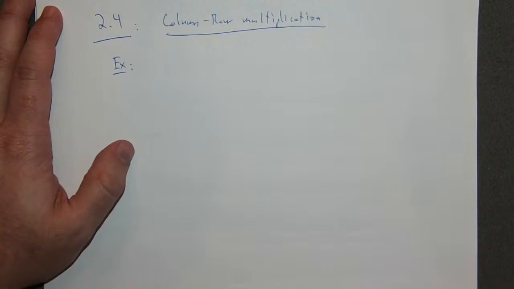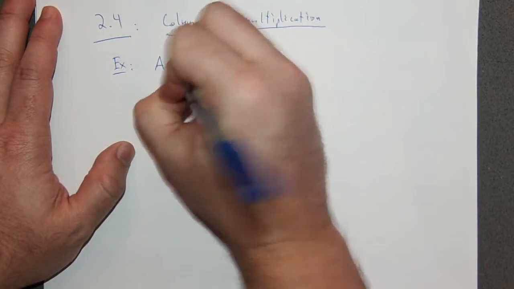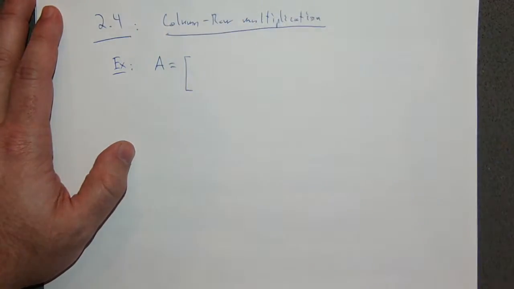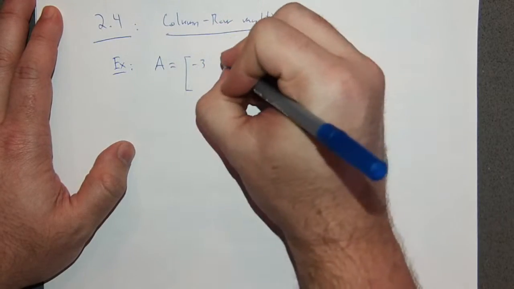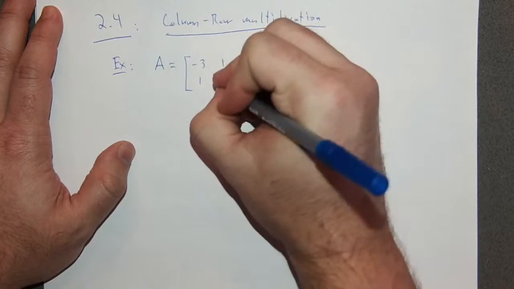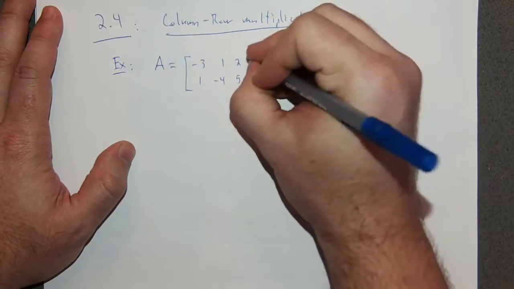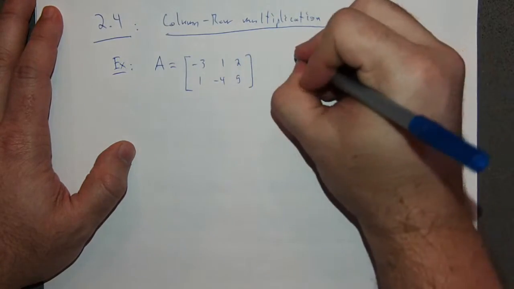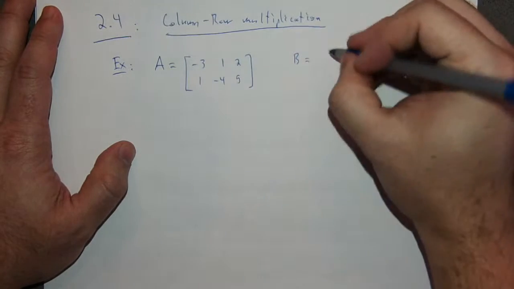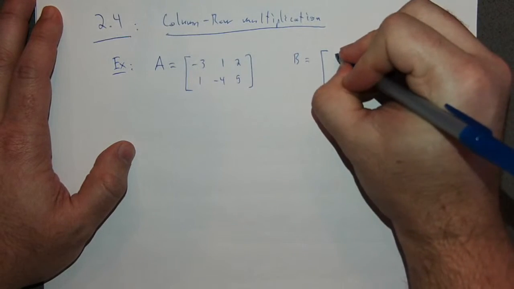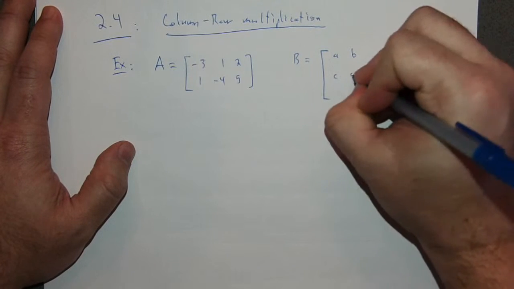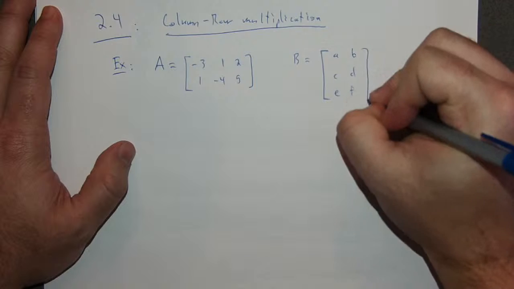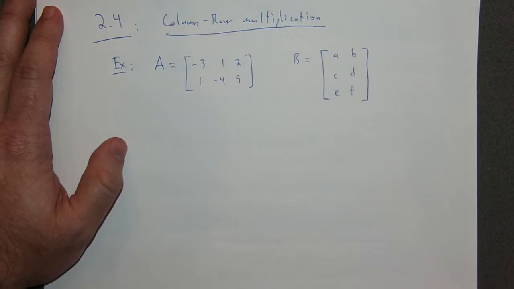Okay. So I'm going to start with two matrices, A and B. A is going to be the 2 by 3 matrix with rows -3, 1, 2 and 1, -4, 5. And B is going to be the matrix made up of completely general letters: a, b, c, d, e, f. B is a 3 by 2.